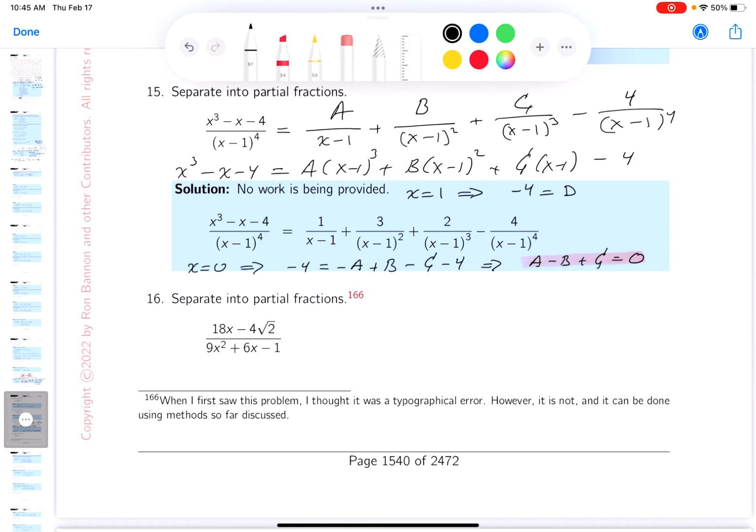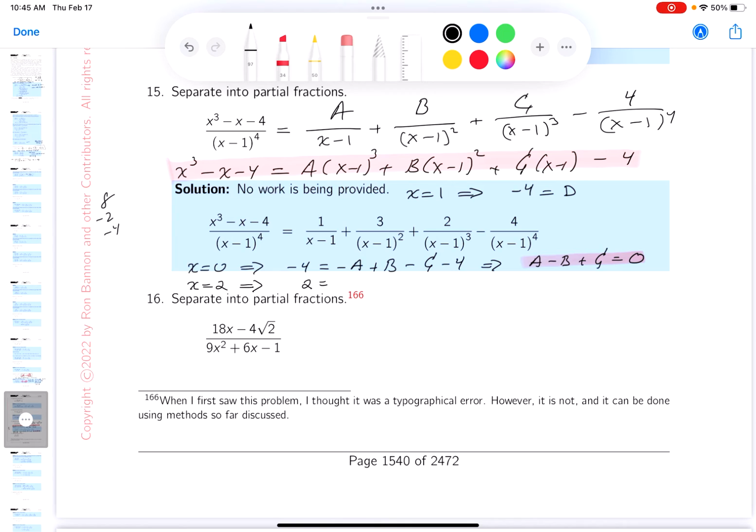I'm going to pick another number that's easy, and I'm going to pick x equals 2. A little more challenging, though, isn't it? 2 cubed is 8, minus 2, minus 4. That's going to give me 2. Let's be real careful here. I'm choosing 2, and I want to point out we're using this equation.